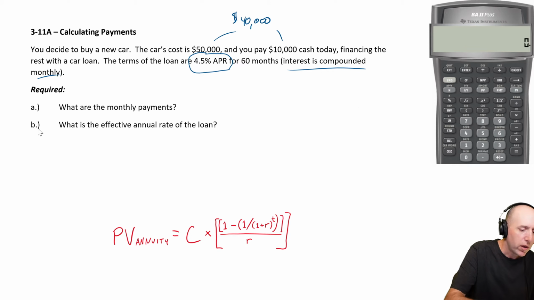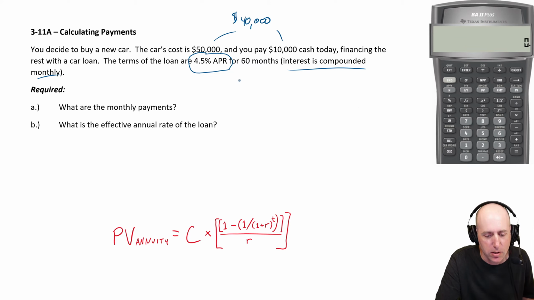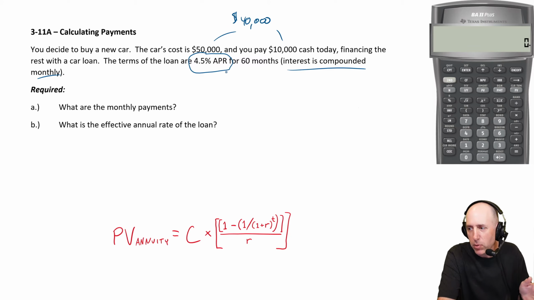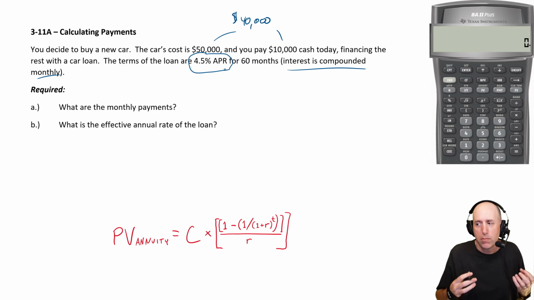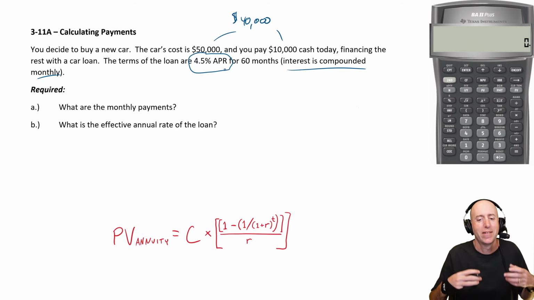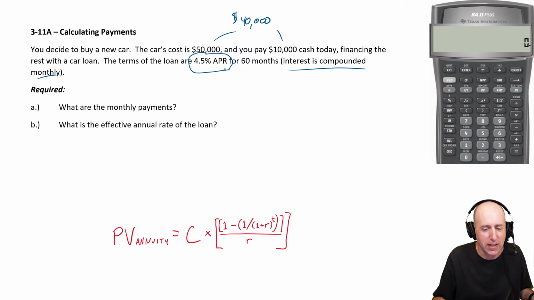Okay, let's figure out the payments. So the first thing we say is, okay, APR is simply the interest rate per period times the number of periods in a year.